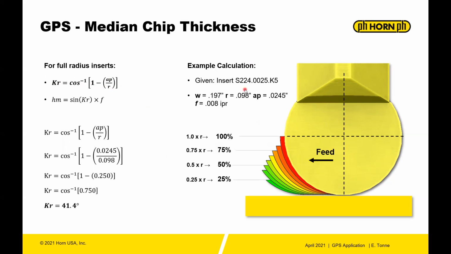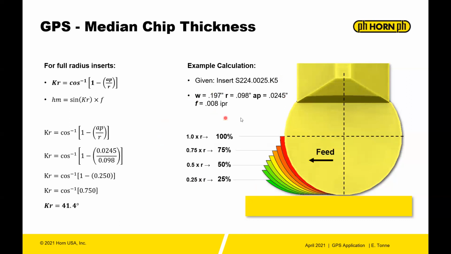In this example, you have a 197-inch insert, so 5 millimeter. Your radius would then be 2.5 millimeter or 98 thousandths. So if you take 25%, let's say, of that radius, so 0.25 times R, then the ap is 24 thousandths and 5 tenths.